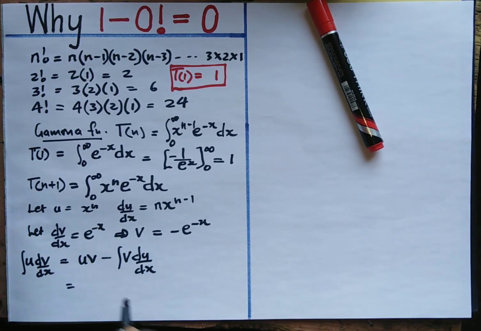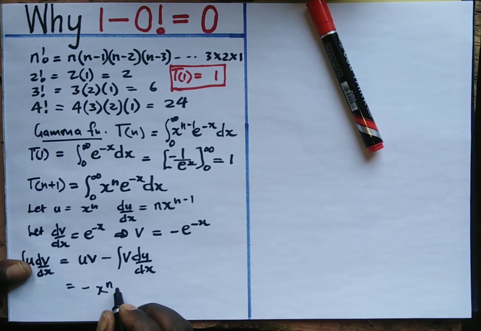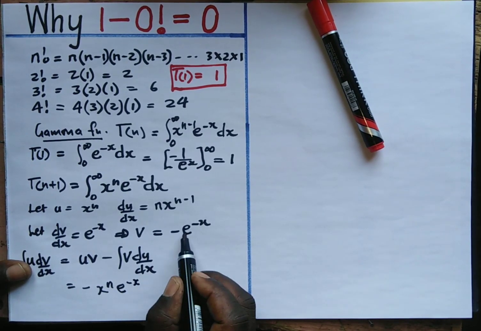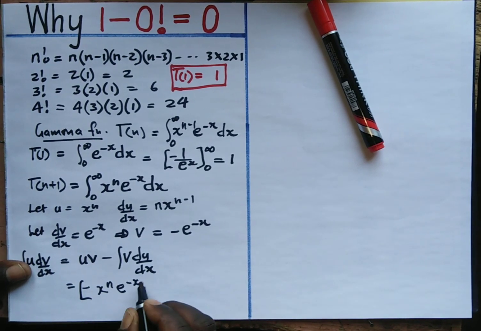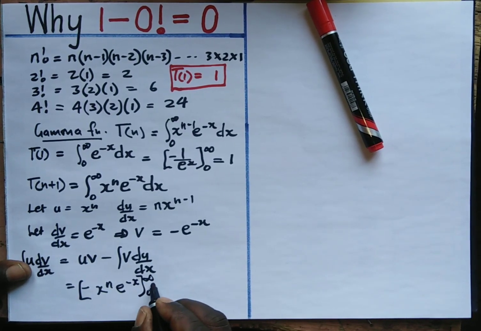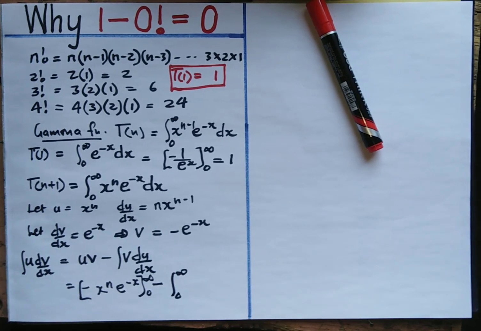Our v is that, so that becomes minus x to the power n e to the power minus x. Remember, we have a negative sign here. That's what I've just put here. Evaluated, of course, from 0 up to infinity, minus our v, the integral, from 0 up to infinity.